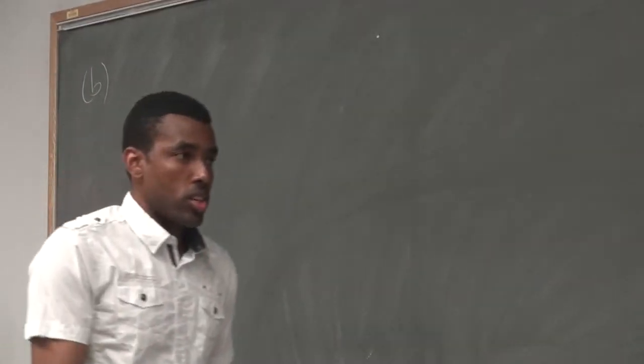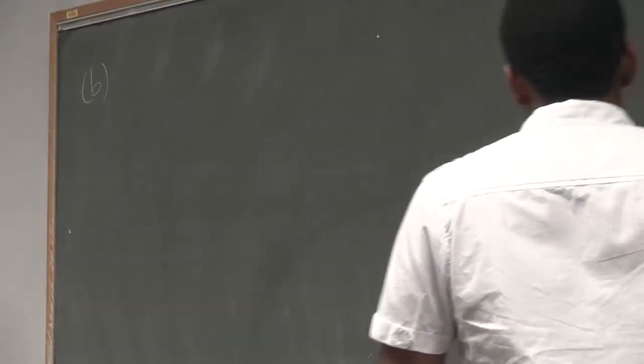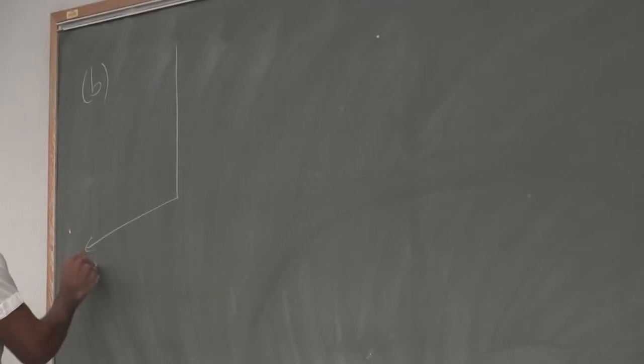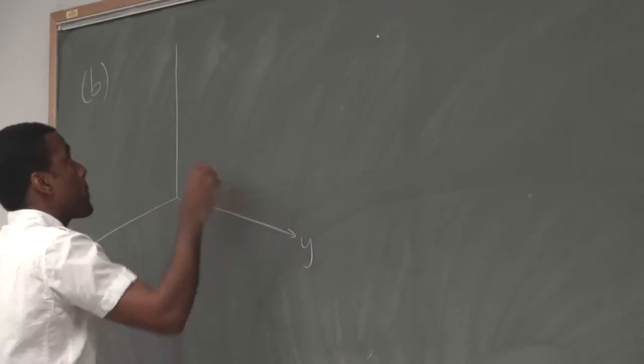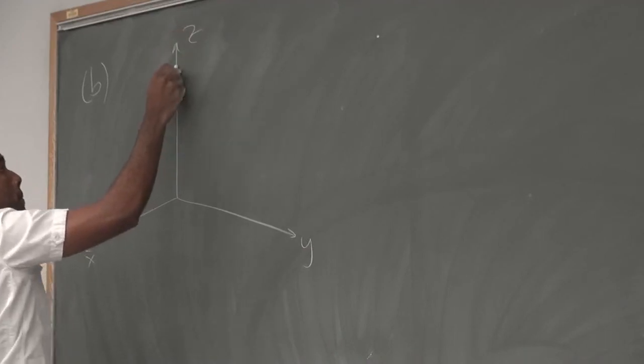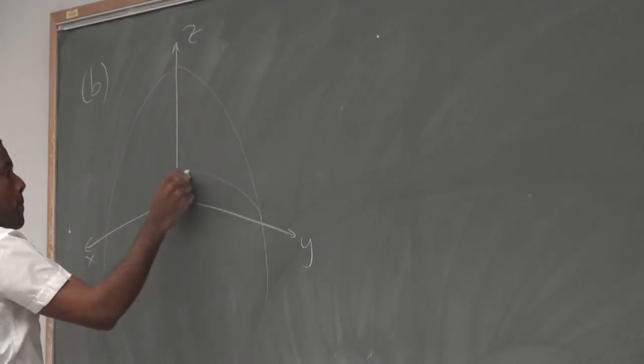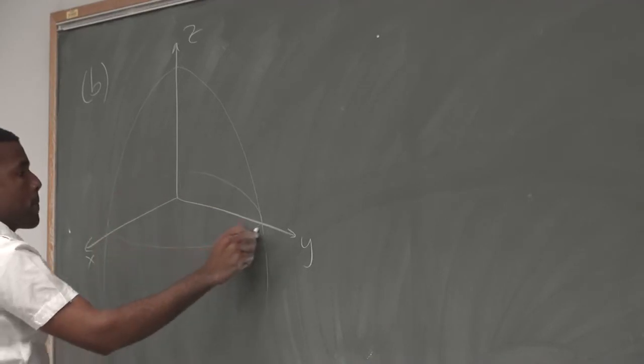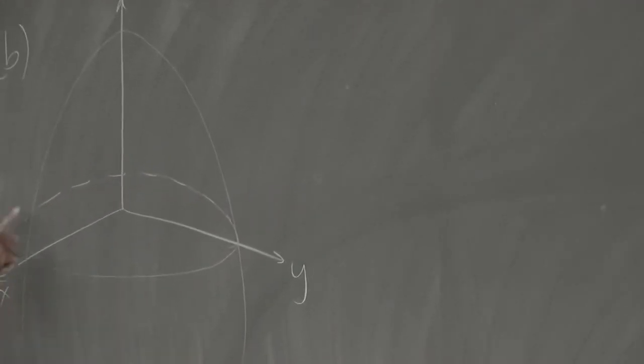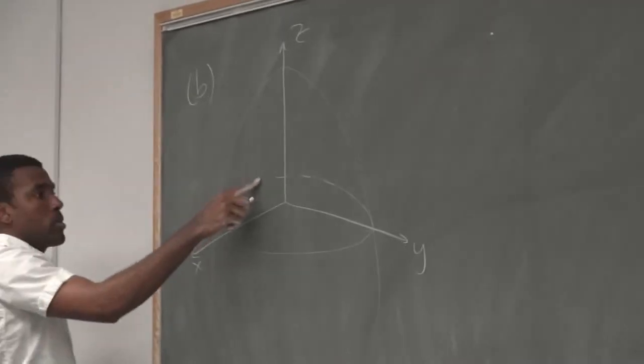How would the second region look? So it starts out pretty similar. It's 9 minus x squared minus y squared, and then there's a cylinder.